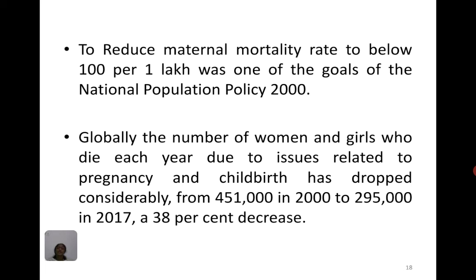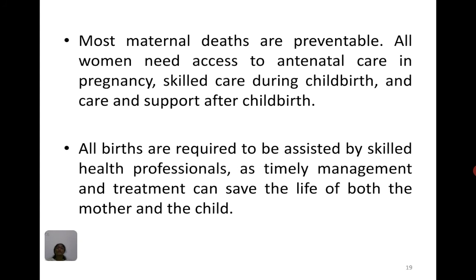Globally, the number of women and girls who die each year due to issues related to pregnancy and childbirth has dropped considerably from 4,51,000 in 2002 to 95,000 in 2017, a 38% decrease. Most maternal deaths are preventable.